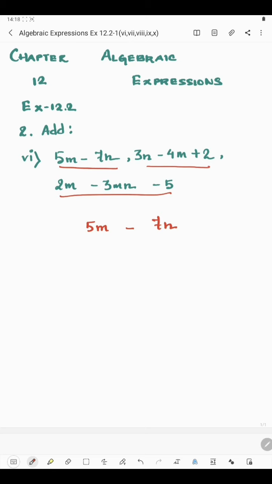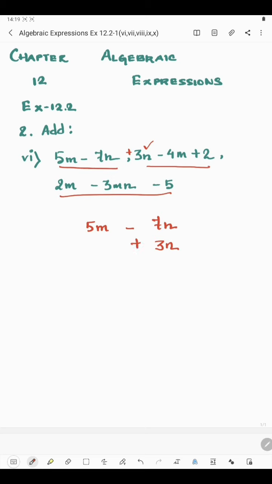Okay, now coming to the next expression. See here we have a comma, and after the comma we have the second expression. Now 3n minus 4m plus 2. Now the n term should be written below n. So where is the n term? Here. So here we will write 3n, and since before 3n no sign is given, we will consider it as plus, so it will be plus 3n.